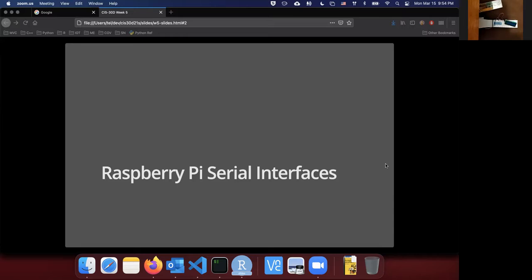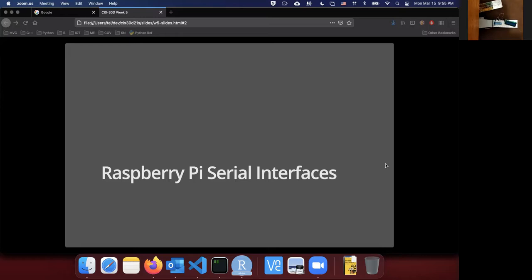And then there are some devices where we need some sort of data communication with the device. When it comes to data communication, there needs to be some kind of interface, some kind of protocol to communicate.